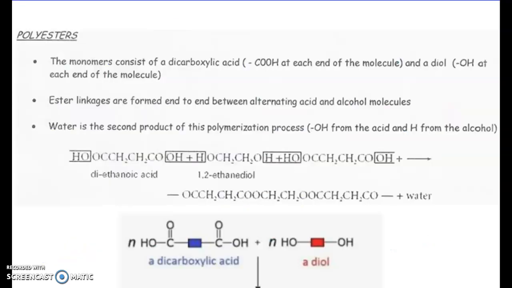So going back to this, the monomer that you use for a polyester has to have a dicarboxylic acid. So it needs a carboxyl group at each end of the molecule, and a diol. The OH group has to be at each end of the molecule.